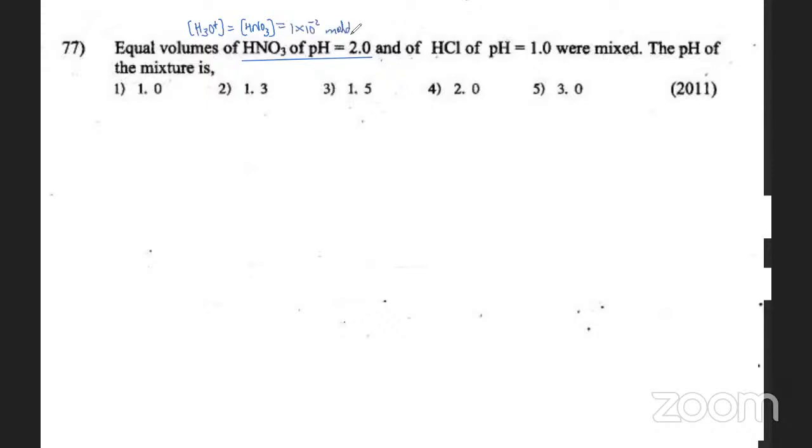Then HCl of pH equal to 1 means the H3O plus concentration from HCl is equal to the concentration of HCl itself, 1 into 10 to the power minus 1 mole per decimeter cube. They were mixed, and we need the pH of the mixture.